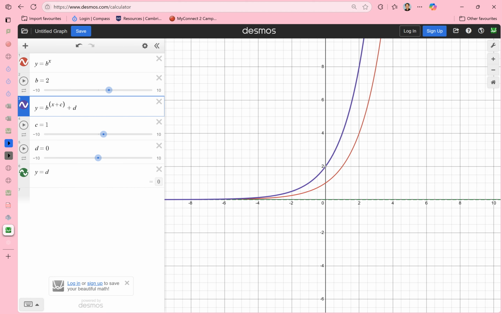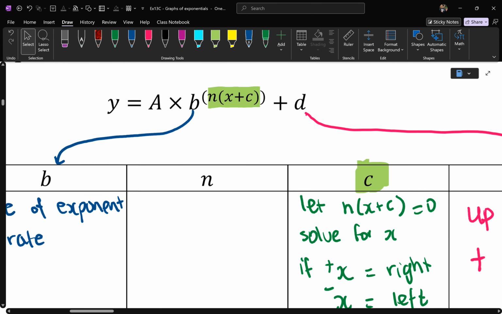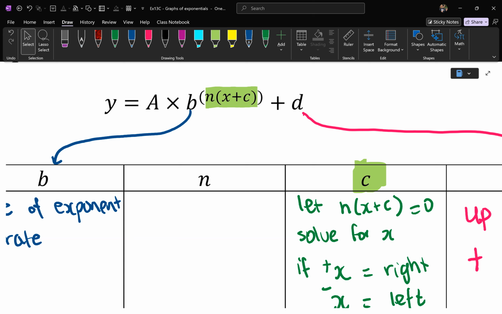Remember how I told you, let whatever you're changing in the power equal to 0. Solve for x. If it's positive, it should go to the right, and if it's negative, it should go to the left.